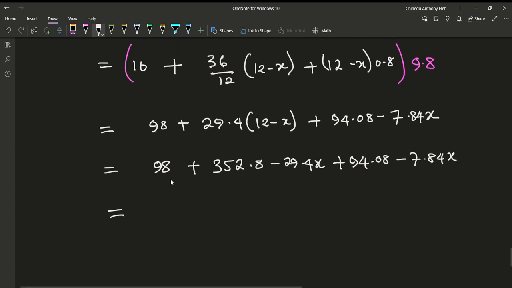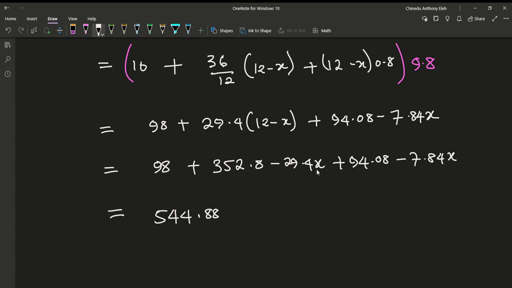Let's add up: 98 plus 352.8 plus 94.08 is 544.88.